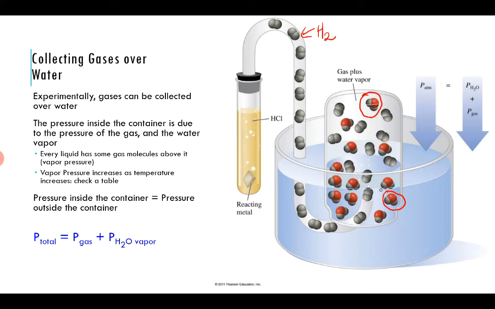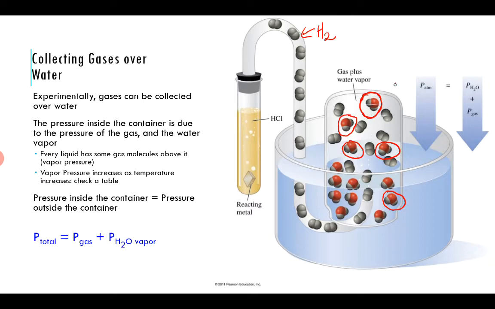And so we learned in chapter 7 about vapor pressure and how vapor pressure is related to how much is in the gas phase, how much pressure from the vapor above the liquid is exerted back on the liquid. So this vapor pressure of water depends on temperature. And as we increase the temperature, we're going to get more and more of these water molecules in the gas phase.